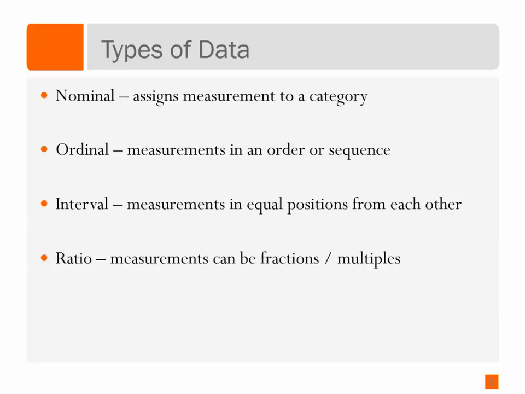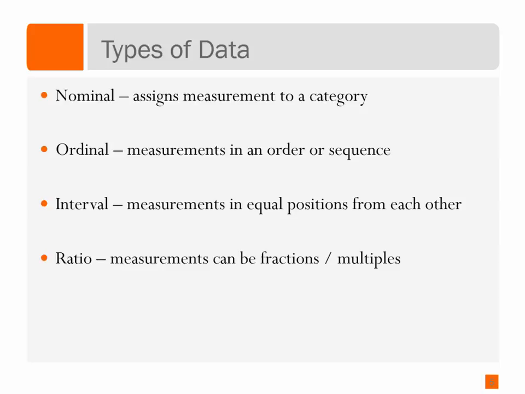Now, there's several different types of data. We have what's known as nominal data. So with nominal data, we assign measurements to a category. So, categories might be as simple as the blue team, the red team.